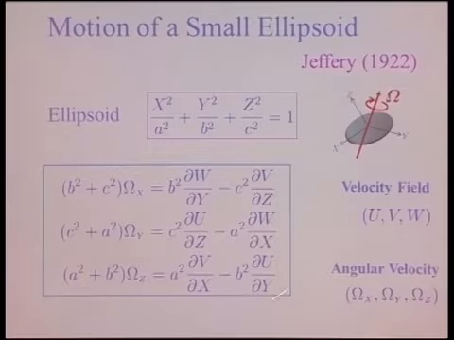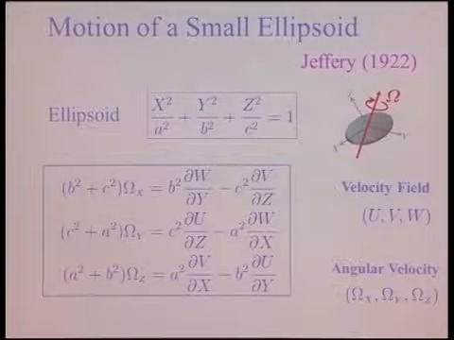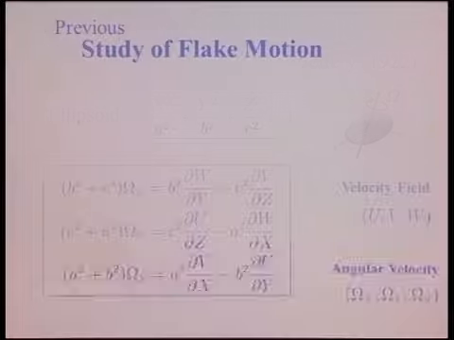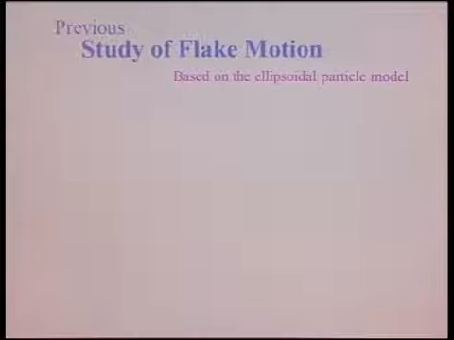So this is the equation of motion for the orientation of this ellipsoid. And the previous study of flake motion is based on this ellipsoidal particle model, because only for this shape is the expression known.